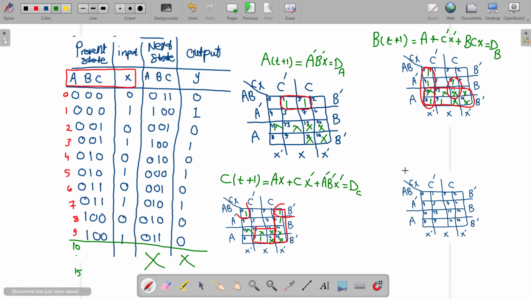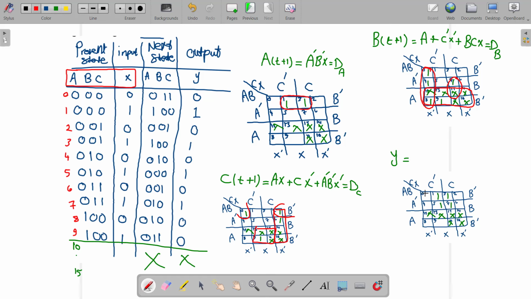So as the last one, which is Y as output, you can see that in the output of the Y, we have 1, 3, 5, 7, and also 10, 11, 12, 13, 14, and 15 are equal to don't care.